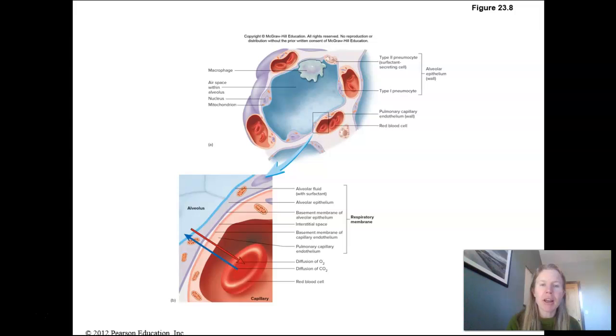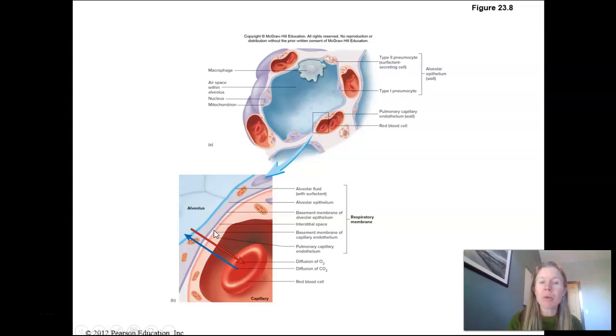And then we have to get through that simple squamous epithelial cell, so this is the alveolar epithelium. At the base of every epithelial cell, we always have a basement membrane, always some connective tissue. And so we do have to get through that basement membrane of the alveolar epithelium.